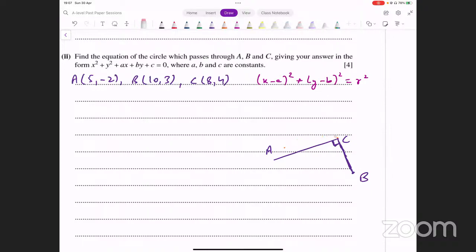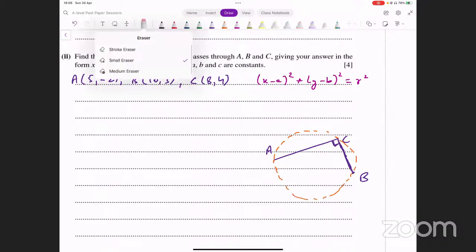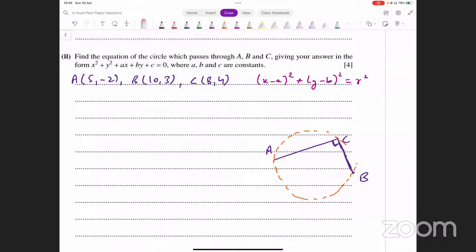It might look something like this, a circle. Okay, something like this. You can try to visualize that. So it passes through all of those 3 points.